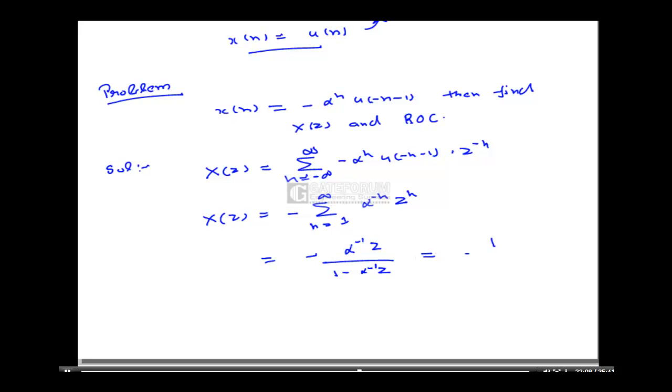Also equal to this. This Z transform is similar to the Z transform which we have found earlier.